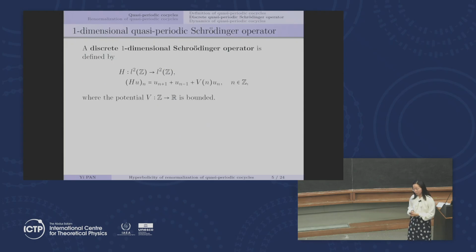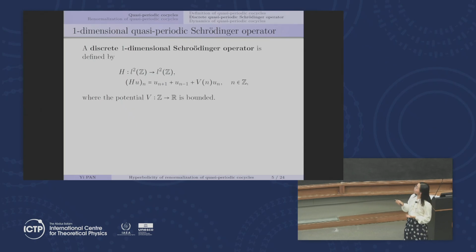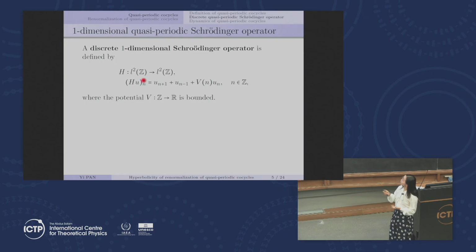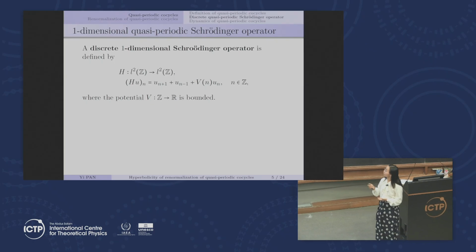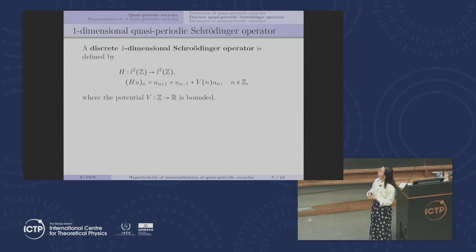And why do people work on these quasi-periodic cocycles? One major motivation is the close connection with the spectrum of the Schrödinger operator. So we talk about a discrete one-dimensional Schrödinger operator. It's defined from the square-summable space to itself by (Hu)_n = u_{n+1} + u_{n-1} + V_n u_n, where the potential is bounded.